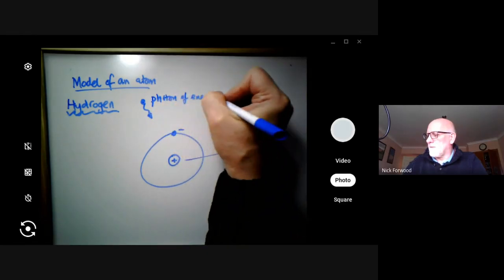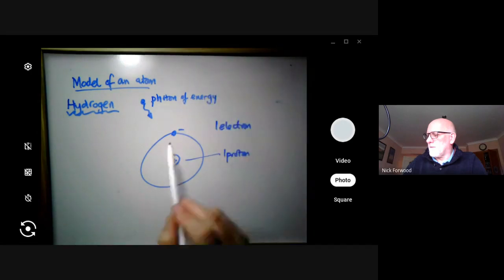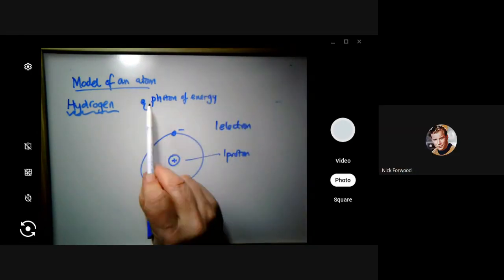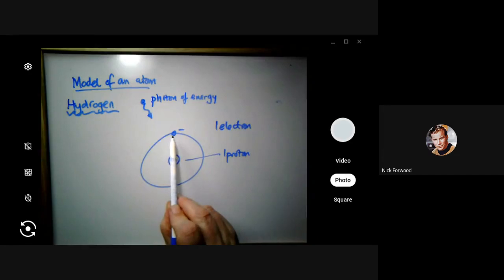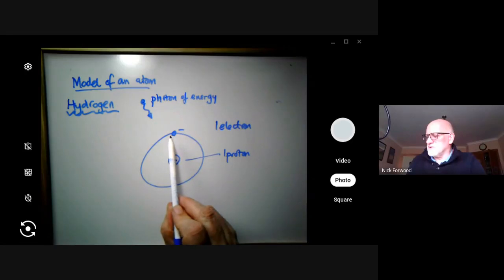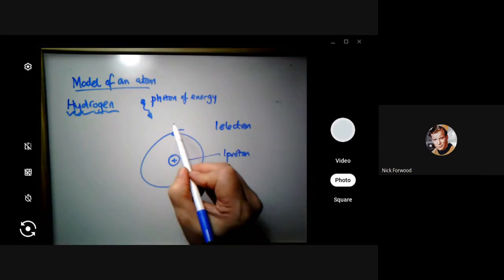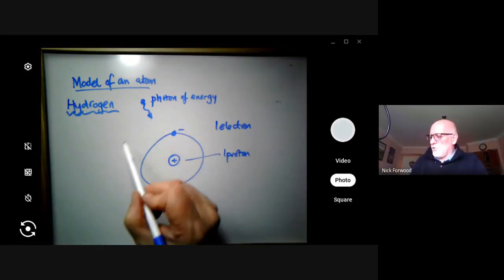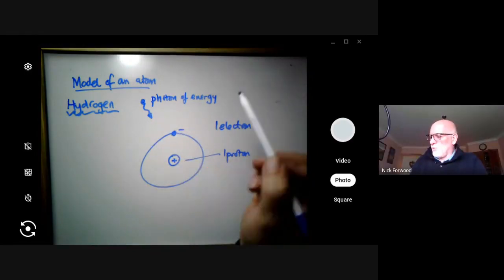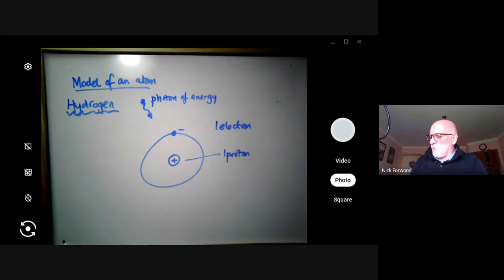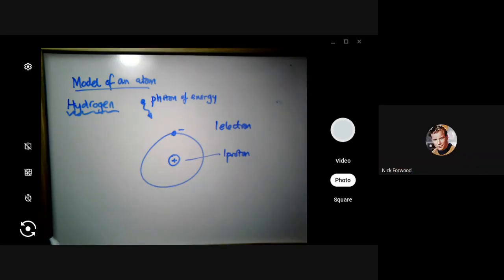And the incoming photon of energy, if it hits an electron, one photon hitting one electron, it can give that electron some energy. Well, what does the electron do? The electron could absorb that energy, and then it's got enough energy to move up into a higher orbit. Or if you give it a whole load of energy, it can actually escape altogether.